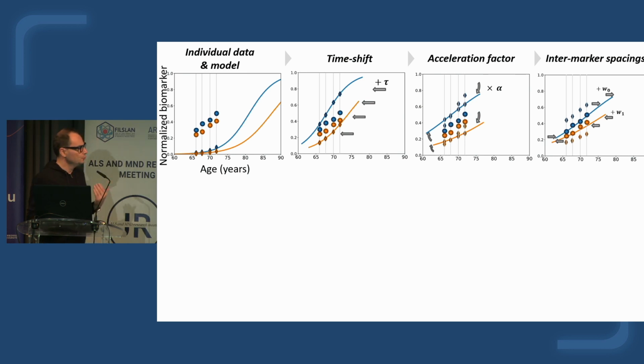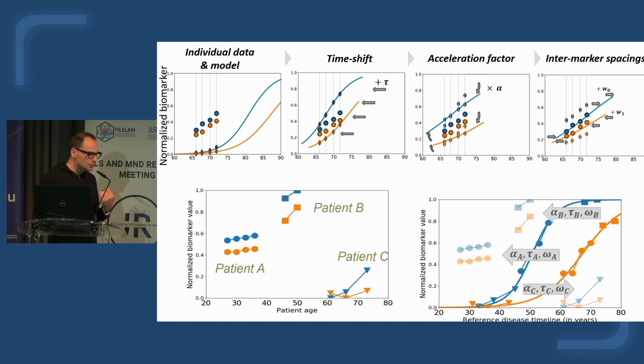Now, of course, the question is, how do you build the model of progression in the first place? For doing so, we use a longitudinal dataset where we see multiple patients at multiple time points. So let's say we have patient A that we have seen 4 times, B twice, C 3 times.